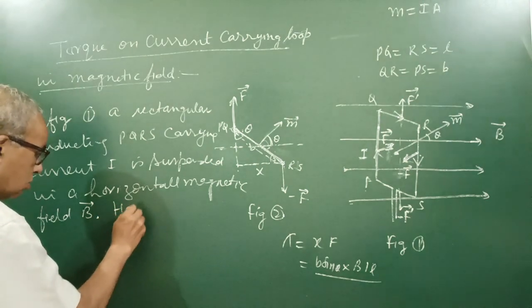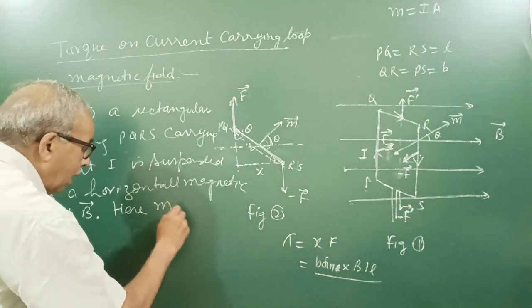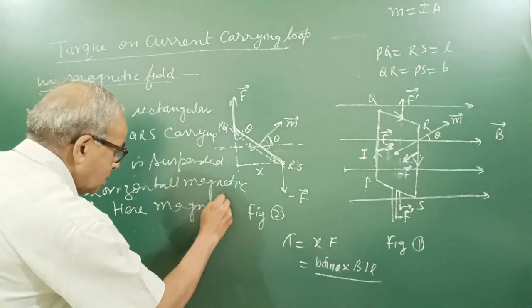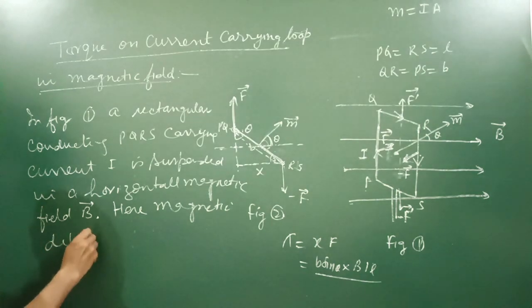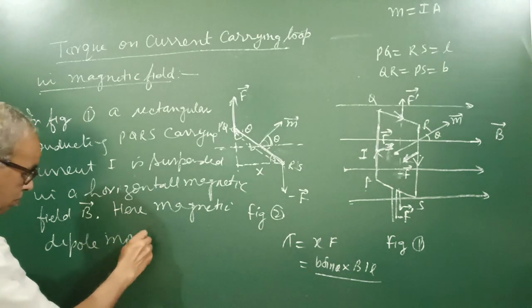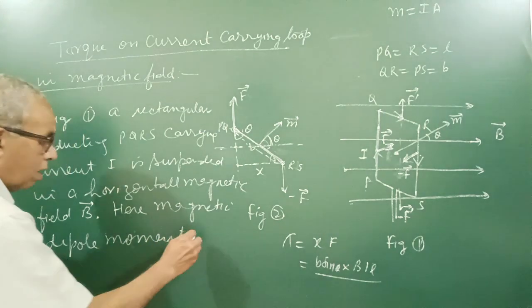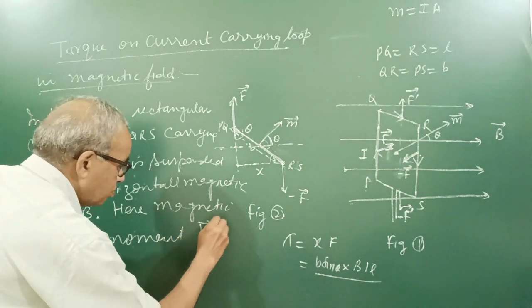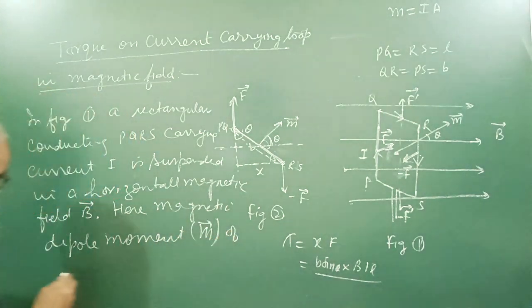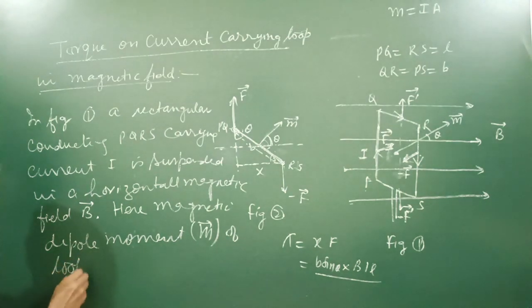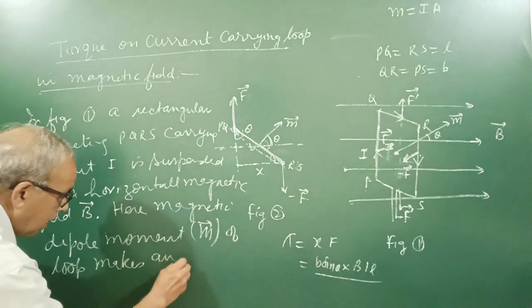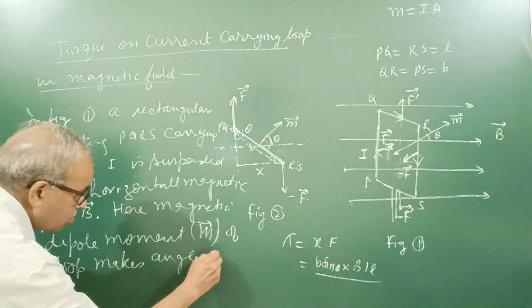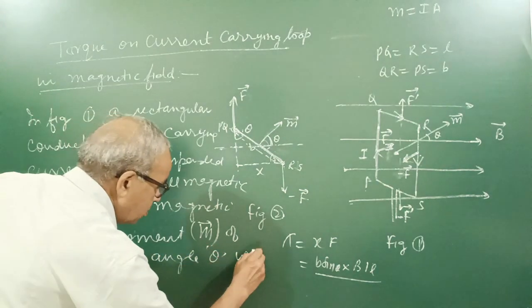Here magnetic dipole moment vector M of the loop makes angle theta with B.